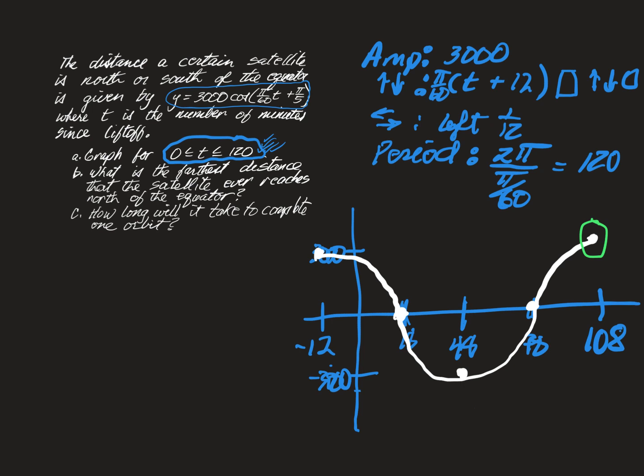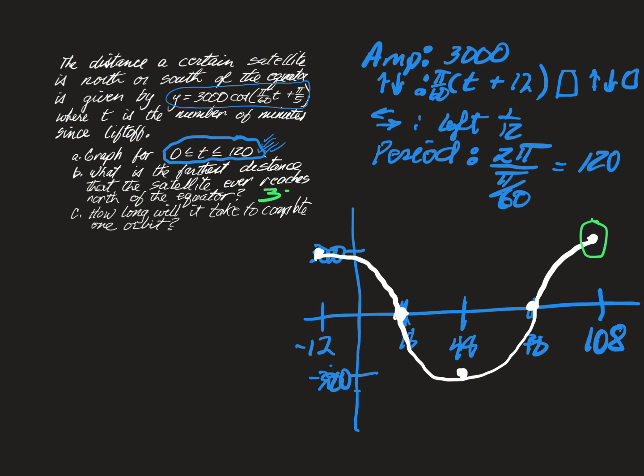Now, if we had moved this up, let's say, or down, then that maximum would change if it had been moved up or down, all right? But we're looking for the furthest distance or the maximum distance that the satellite ever reaches north of the equator. And that distance, of course, is going to be the amplitude.